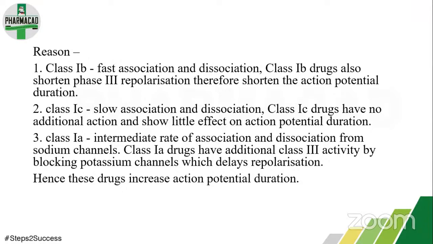And class 1A has an intermediate rate of association and dissociation from the sodium channel. Class 1A drugs also have additional class 3 activity by blocking potassium channels, which further delays your repolarization. So what we can conclude based on these class 1 drugs is that class 1A increases the action potential duration. You only need to remember which class has fast association and dissociation, slow association and dissociation, or intermediate association and dissociation rate from the sodium channel.